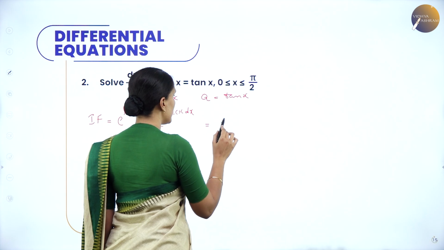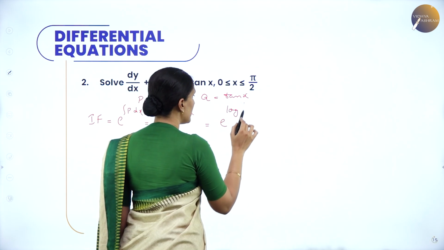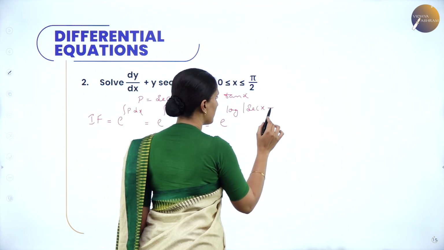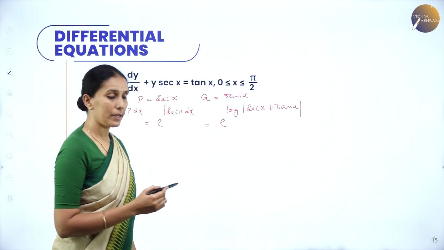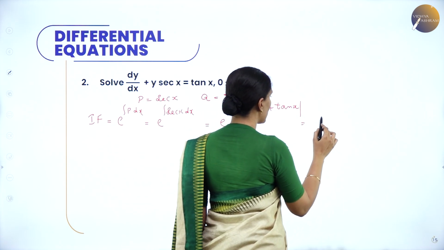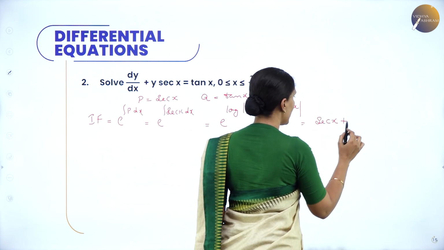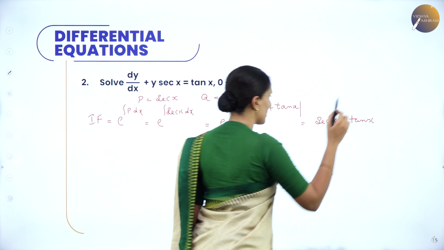Integration of secant x is log of secant x plus tan x. And here you can observe we have e power log again. So e power log of something is nothing but that something, so we will get the value secant x plus tan x.